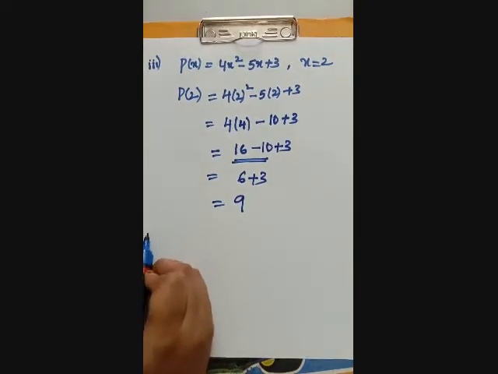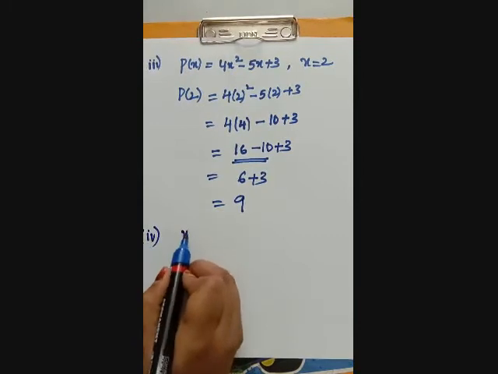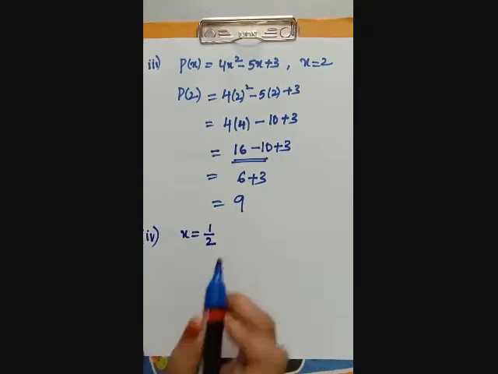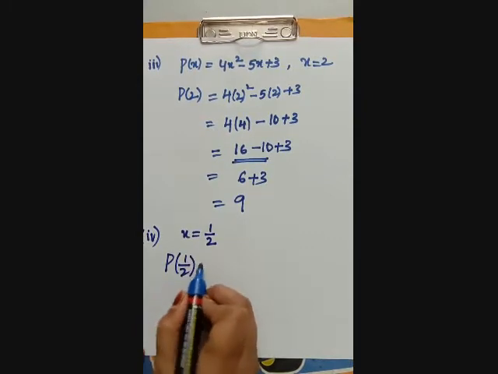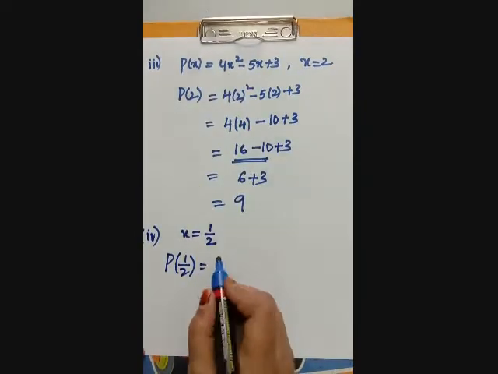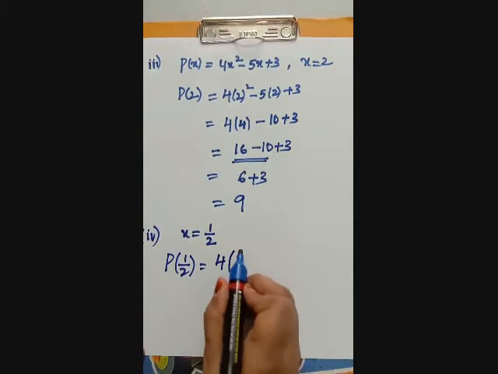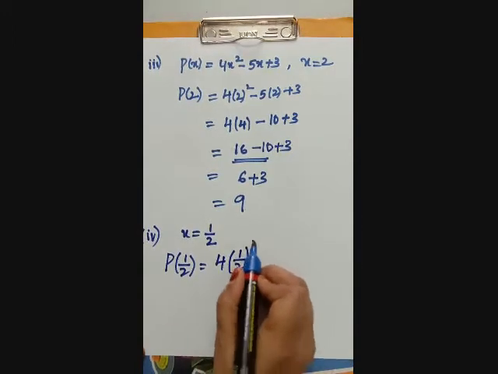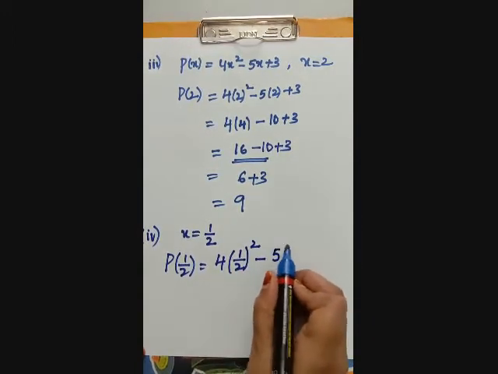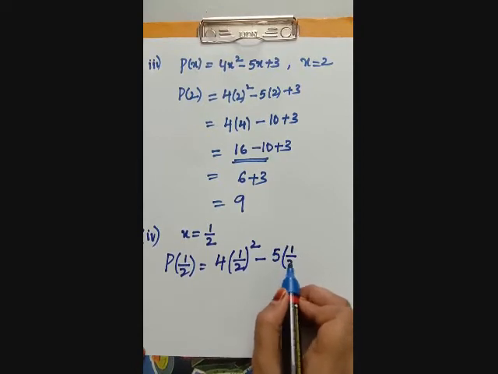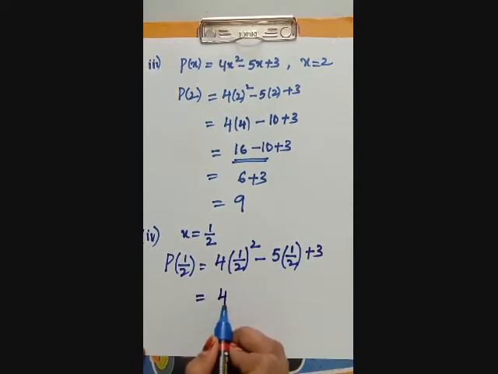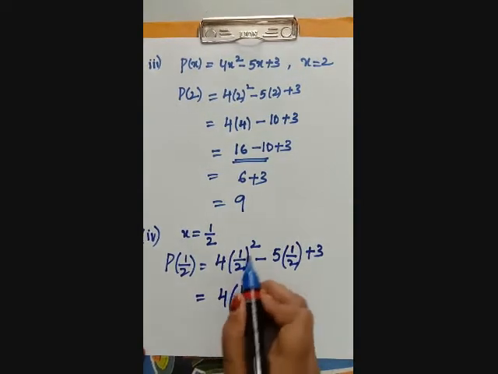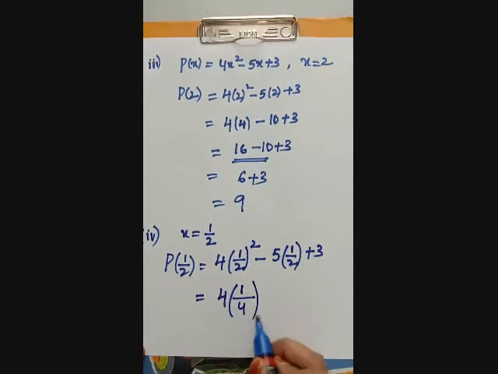Now the value of x is 1 by 2. It is in fraction, so listen carefully. P of 1 by 2: wherever there is x, I am going to substitute 1 by 2. 4 into 1 by 2 whole square minus 5 into 1 by 2 plus 3. 4 into 1 by 2 square, that is 1 into 1 is 1, 2 twos are 4.